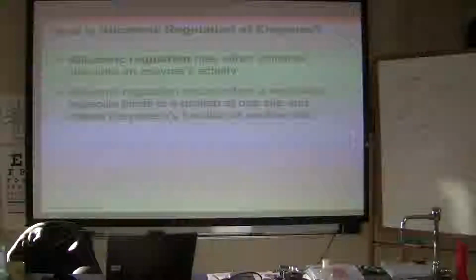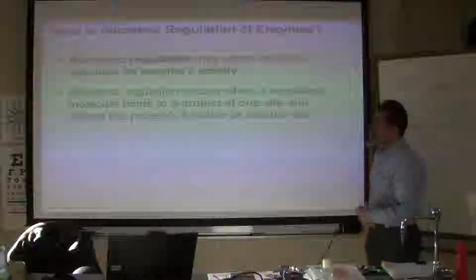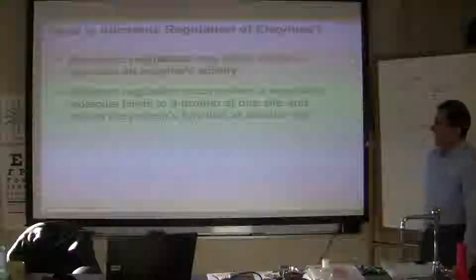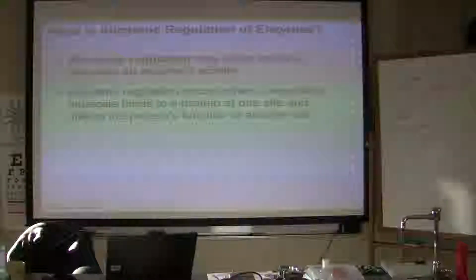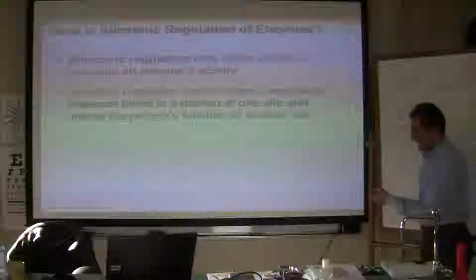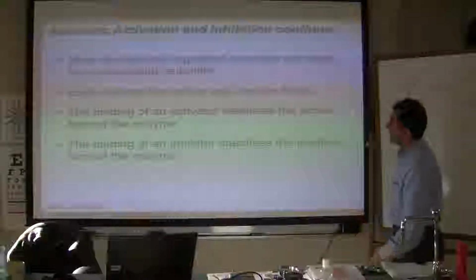Okay, allosteric regulation may either inhibit or stimulate enzyme activity, and I guess there are some pictures coming to show you that. Allosteric regulation occurs when regulatory molecules bind to a protein at one site and affect the protein's function at another site. Oh, no pictures. Okay.